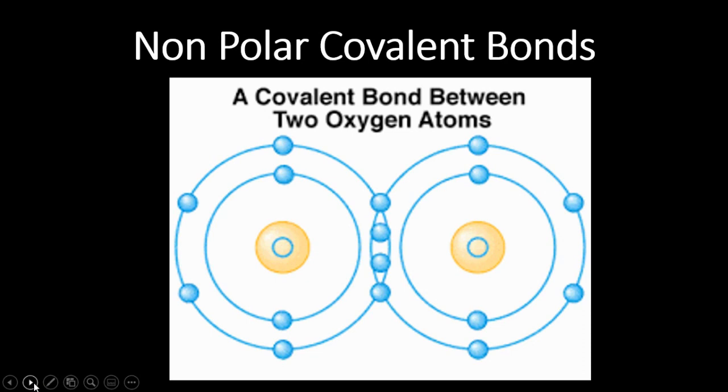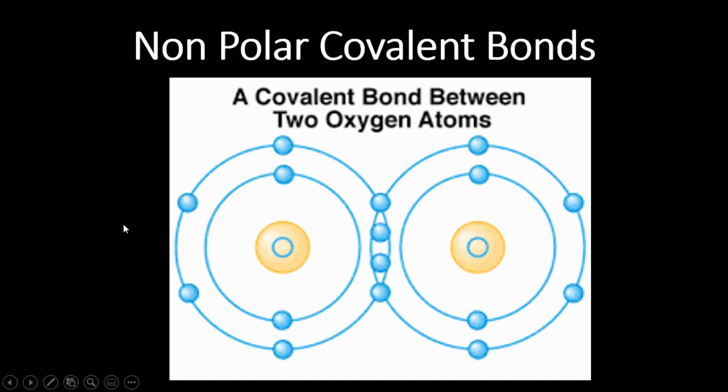So if we look at oxygen, we have two oxygen atoms here, and each oxygen atom has the same amount of electrons and they're the same distance from the atomic nucleus. So they have the same electronegativity. Since they're the same atoms with the same electronegativity, they are going to share their valence electrons equally.